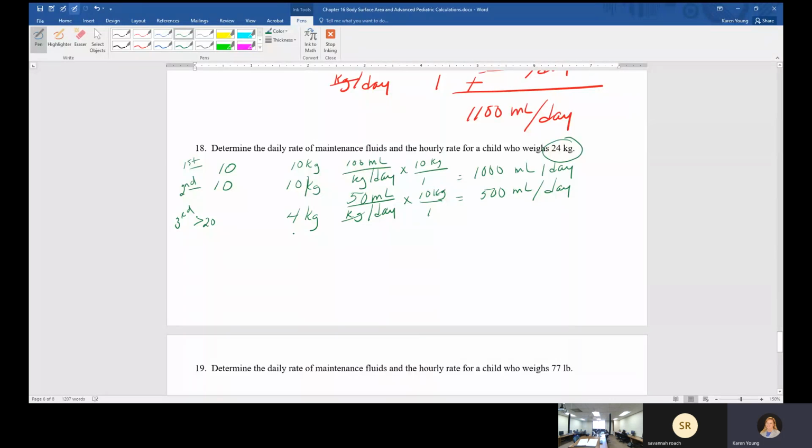And then anything over 20, he's got 4 kilograms greater than the 20. He gets 20 milliliters per kilogram per day. So I multiply that times the 4 kilograms. 20 times 4 is 80 milliliters per day. So then I have to add up all those different parts, and I get 1,580 milliliters per day.